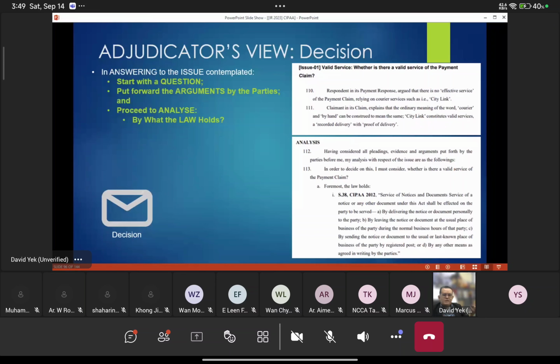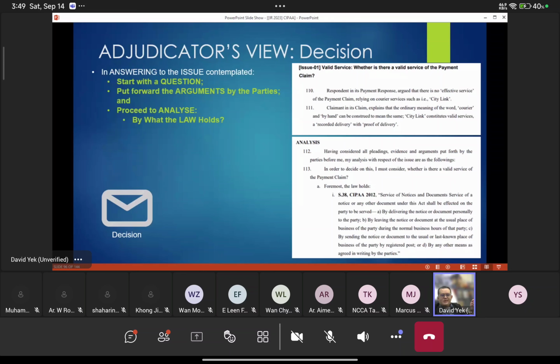How can I be paying everything? And in response to that, the claimant says, oh, that is not right, because you never objected to the invoice that we served, and you also have signed the certificate of completion. So you have to take the arguments into the picture, and then now you make your decision.